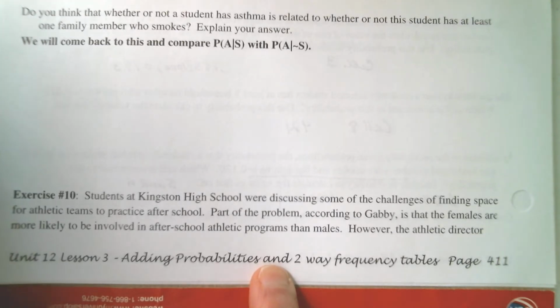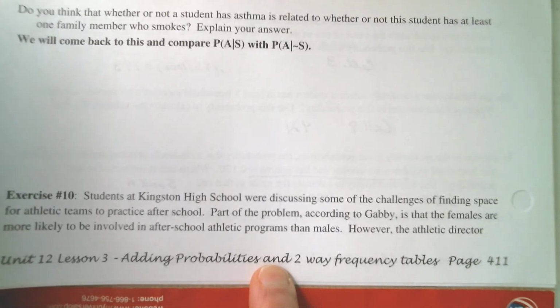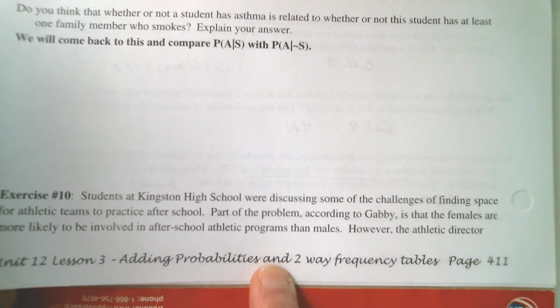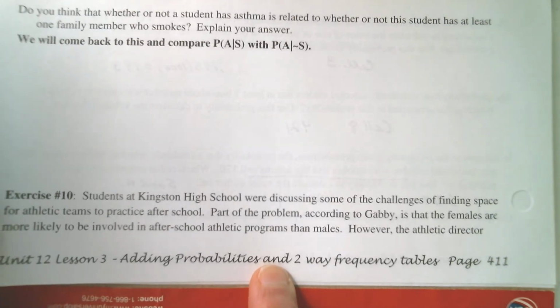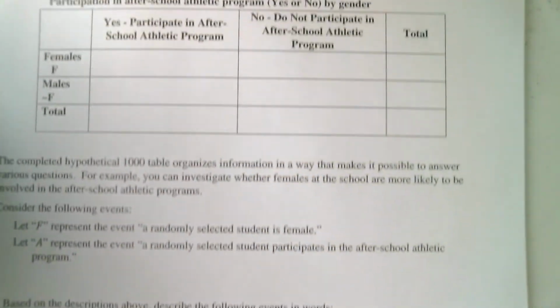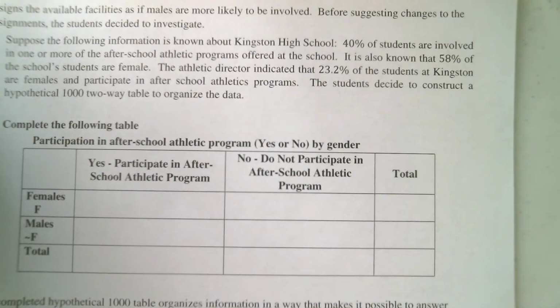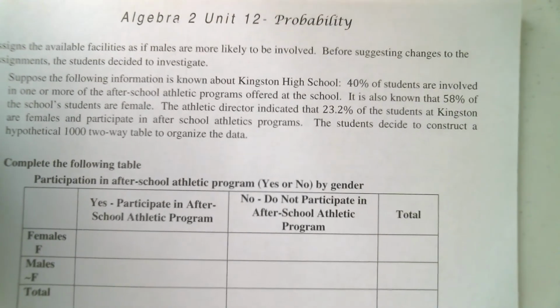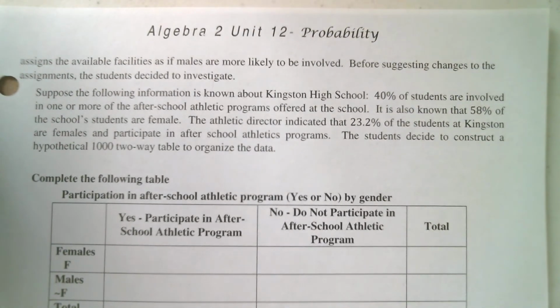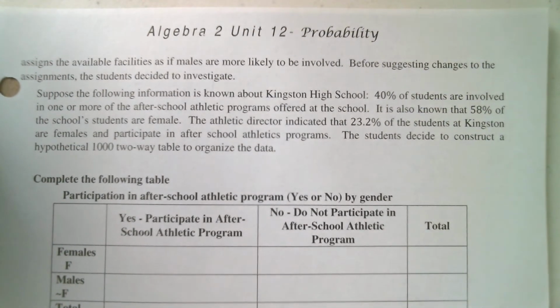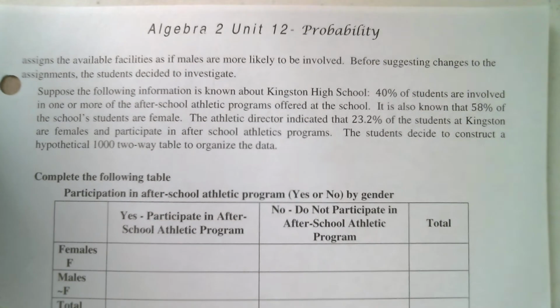Part of the problem, according to Gabby, is that the females are more likely to be involved in after-school athletic programs than males. However, the athletic director assigns the available facilities as if males are more likely to be involved. Before suggesting changes to the assignments, the students decide to investigate.